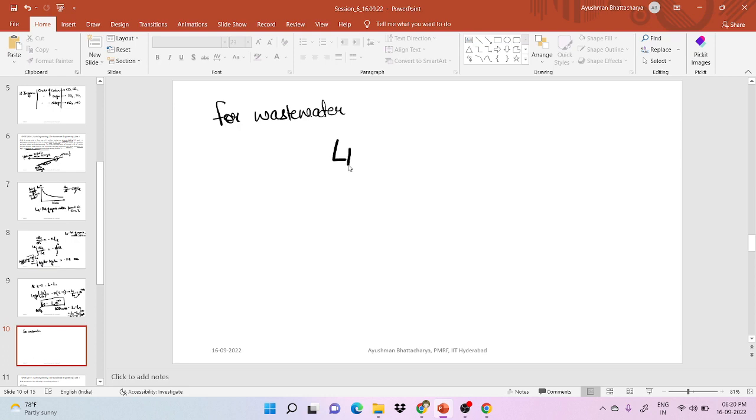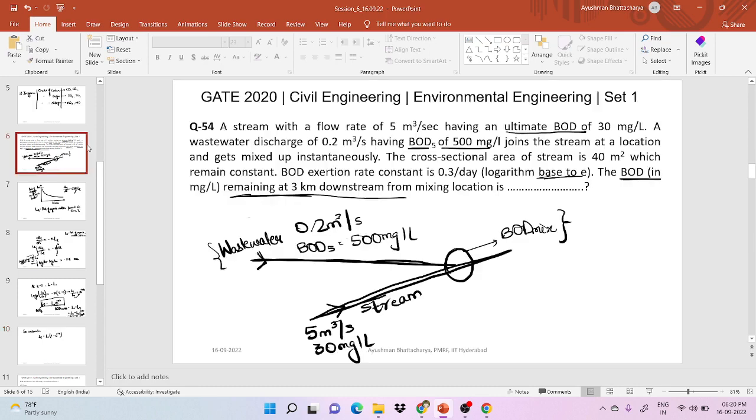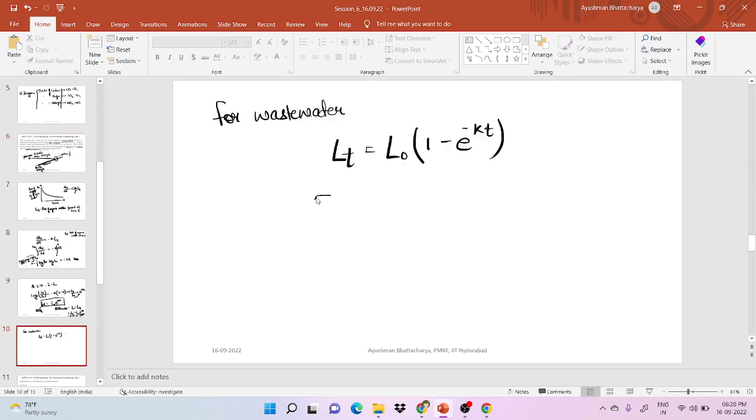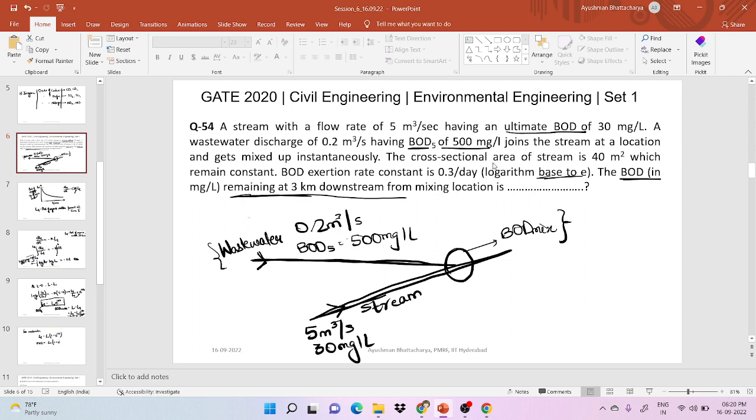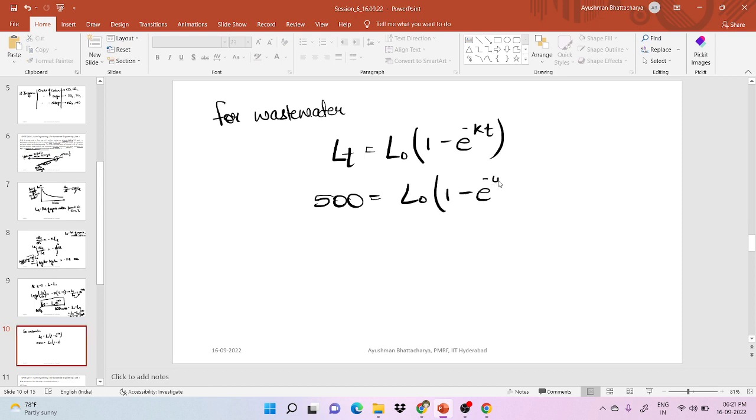So for wastewater, we just now derived this: Lt is equal to L naught. They have mentioned BOD for 5 day, 5 day BOD 500 milligram per liter. So 500 equals L naught times 1 minus e raised to minus 0.3 into 5. The rate constant they have mentioned is 0.3 per day, base e.